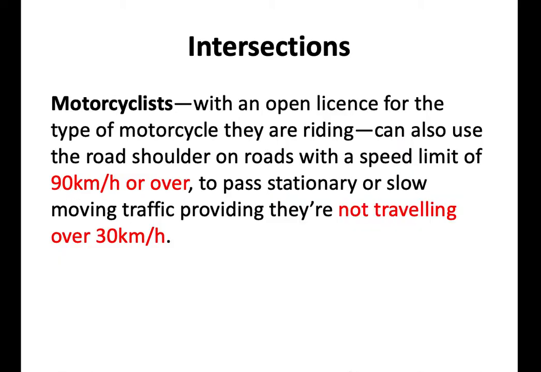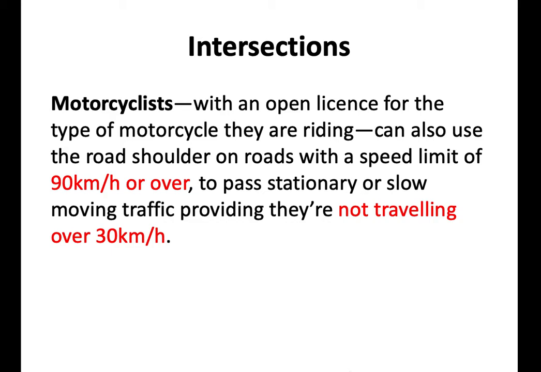Just a sidestep for a moment to motorcyclists. With an open license for the type of motorcycle they are riding, they can use the road shoulder on roads with a speed limit of 90 kilometers an hour or over to pass stationary or slow-moving traffic, providing they're not traveling over 30 kilometers an hour.